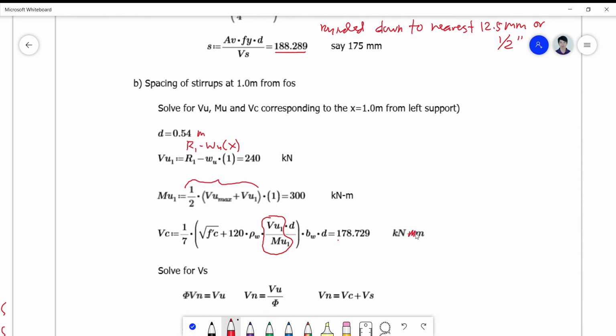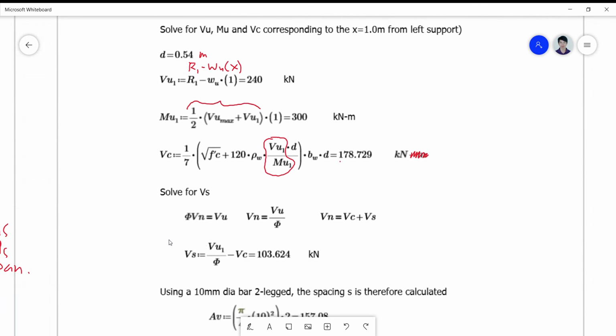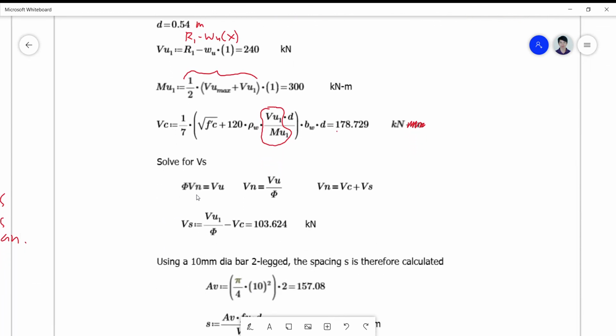So the unit is only in kilonewton. So solving for Vs again, using the same procedure, we check for the value of Vs in terms of Vu1 over phi minus Vc. So this is 103.624 kilonewton.